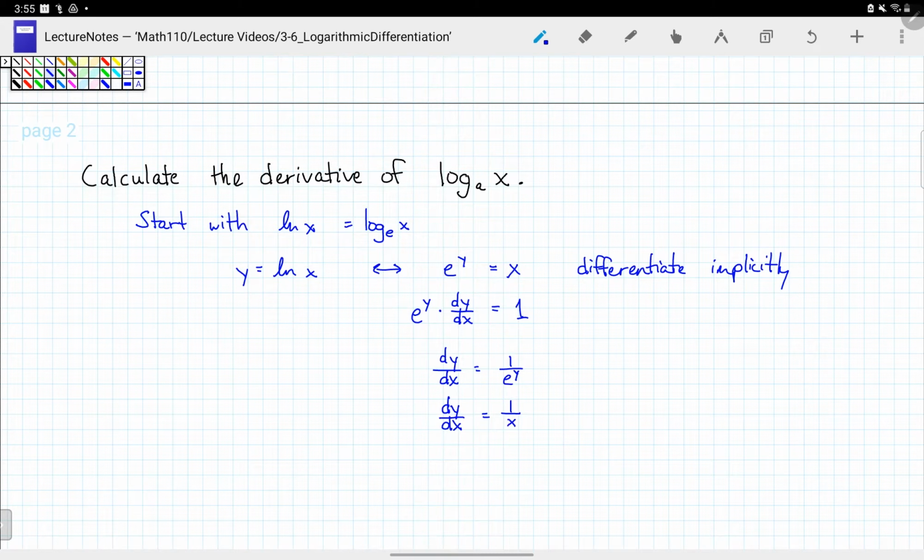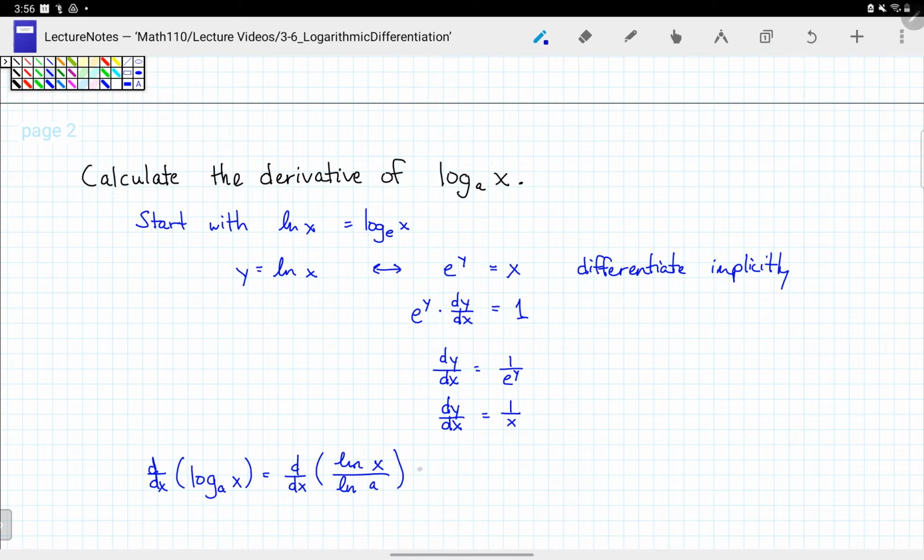And then if I want to calculate the derivative of a general log base a, we use the change of base formula. So the derivative of log base a of x is the same as the derivative of the natural log of x divided by the natural log of a. And when we do that, keep in mind that the natural log of a is a constant.